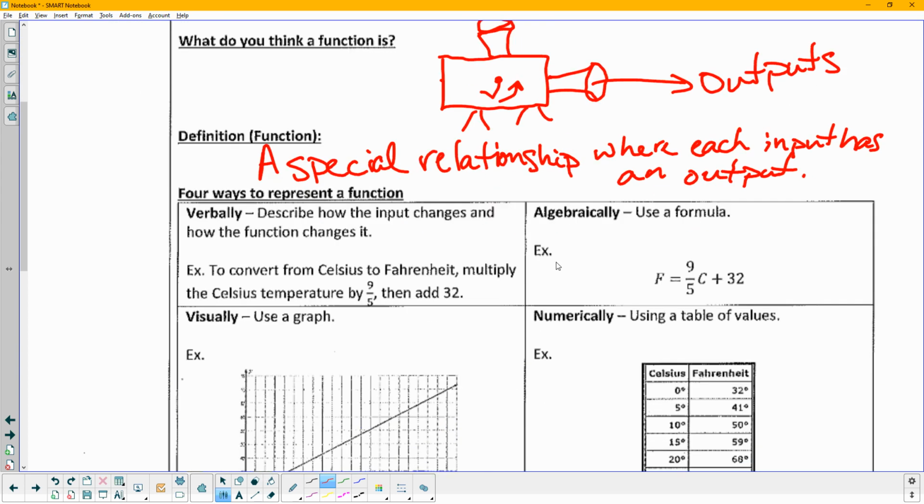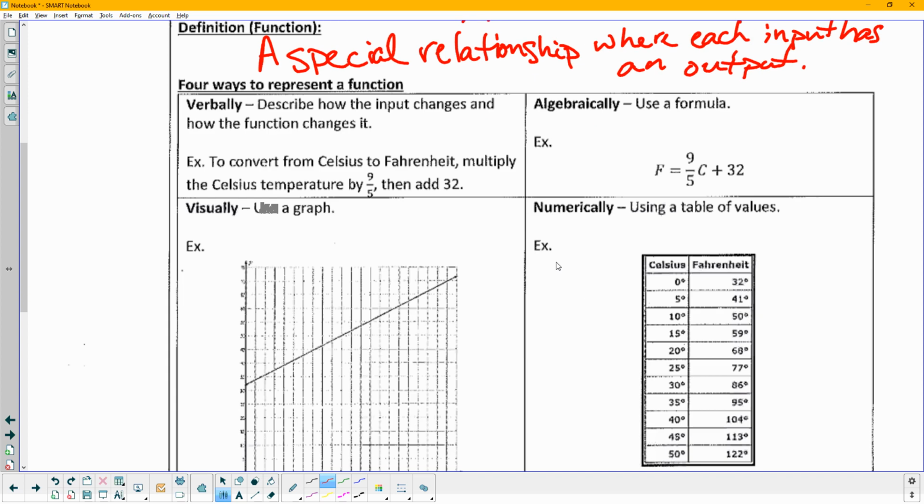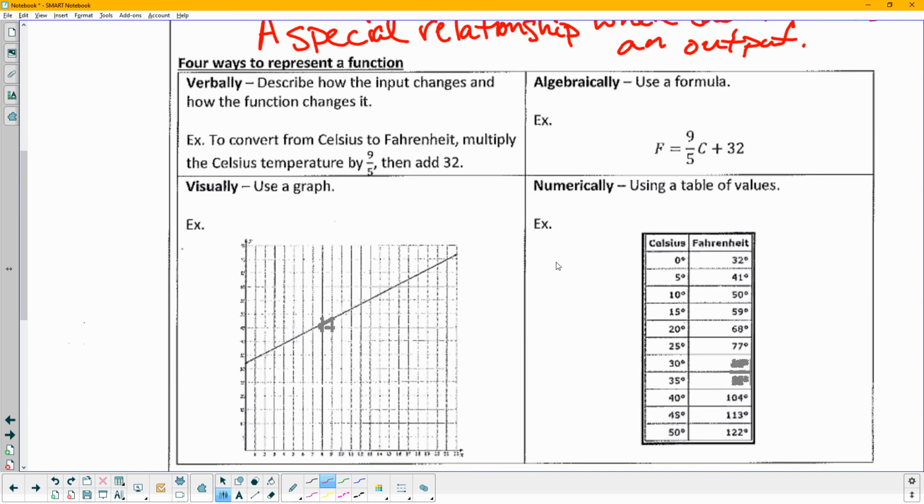There's 4 ways to talk about a function. There's 4 ways to represent it. You can do it verbally. You can talk about how something changes, and this is a great example here. All these are written in terms of the temperature function from Celsius to Fahrenheit.